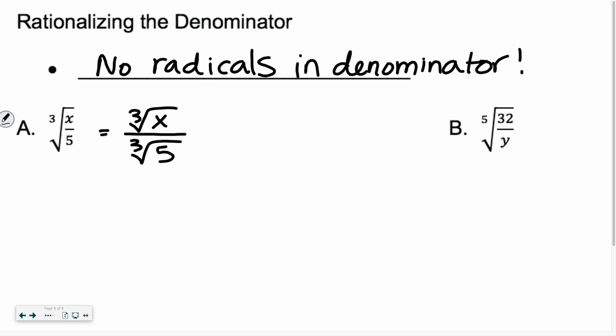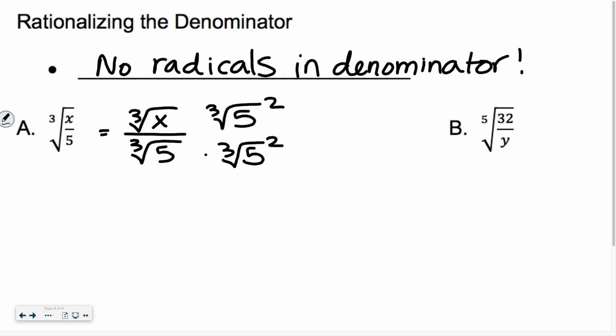Normally we just multiply by the square root when we were doing square roots. But if it's a cube root, how many cube roots of 5 do you need? 3 to make 5. How many do we have right there? Just 1 cube root of 5. So I have to multiply it by a cube root of 5 squared.